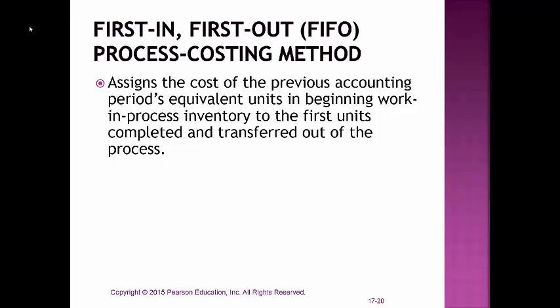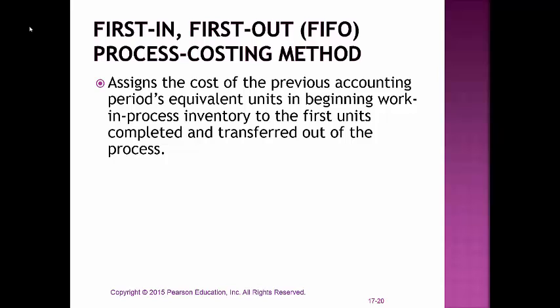Again, it does assign the cost of the previous accounting period's equivalent units in beginning work in process inventory to the first units completed. If you just imagine this, whatever was partially completed and left over in work in process at the end of the prior period, certainly you would think that the manufacturing plant would finish those first.